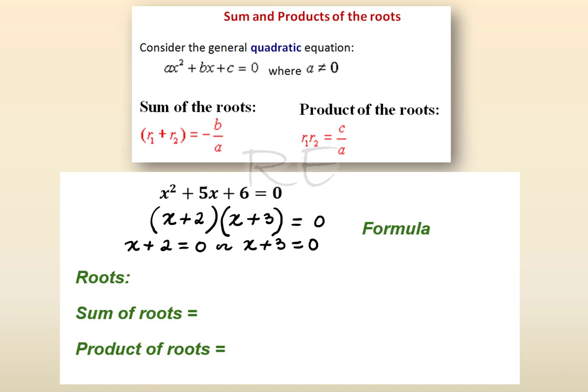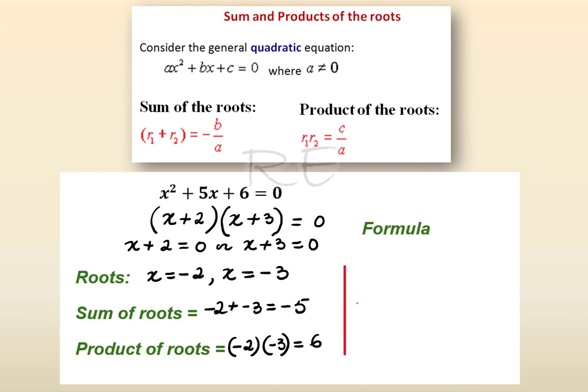And we will find first the roots. X is equal to negative 2 or x equal to negative 3. The sum will be negative 2 plus negative 3, which is negative 5. And the product will be negative 2 times negative 3, which is positive 6.